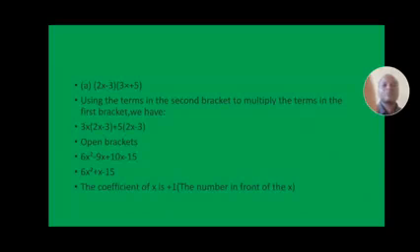A. (2x - 3)(3x + 5). Now using the terms in the second bracket to multiply the terms in the first bracket, we have, as arranged, 3x(2x - 3) + 5(2x - 3).